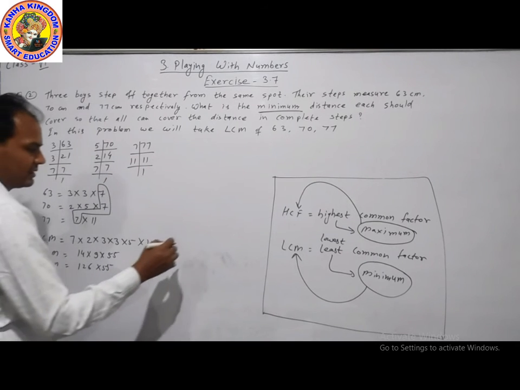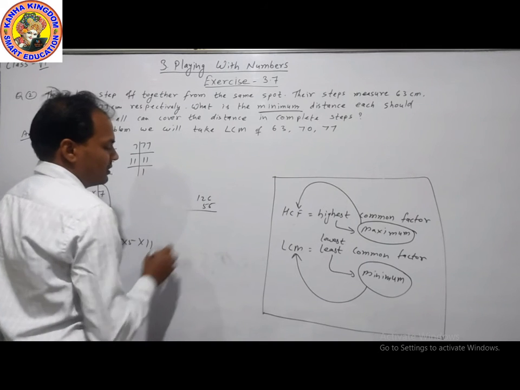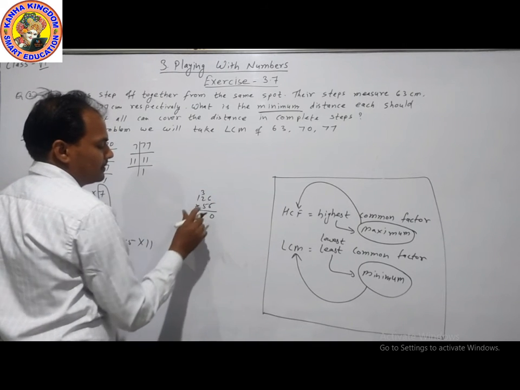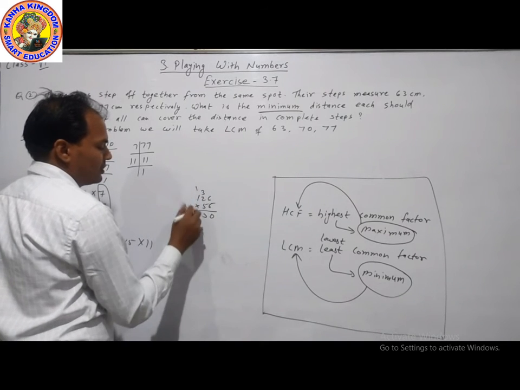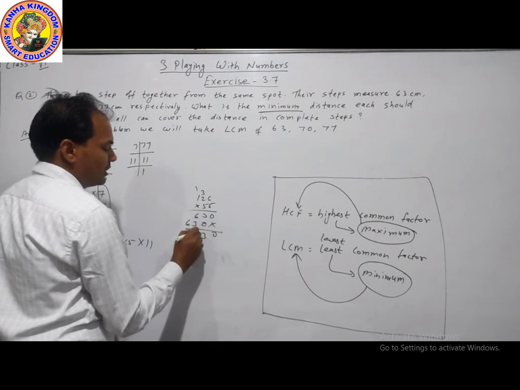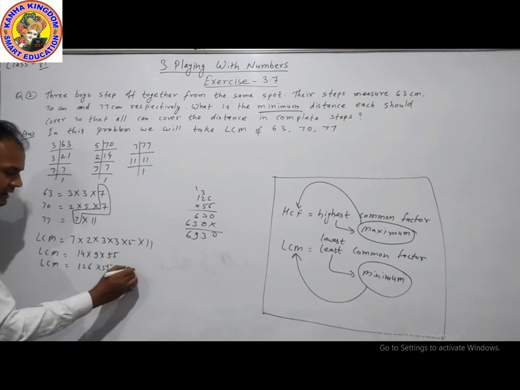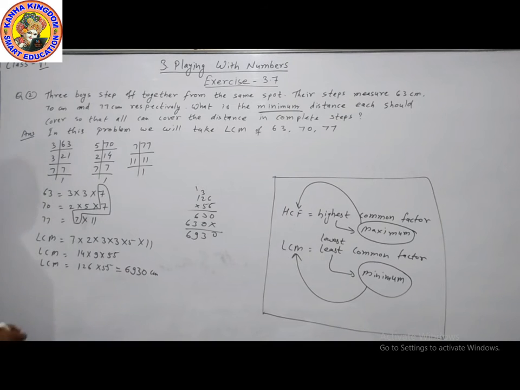We will multiply this. 126 multiplied by 55 is 6930. The LCM is 6930 centimeter. This is our answer.